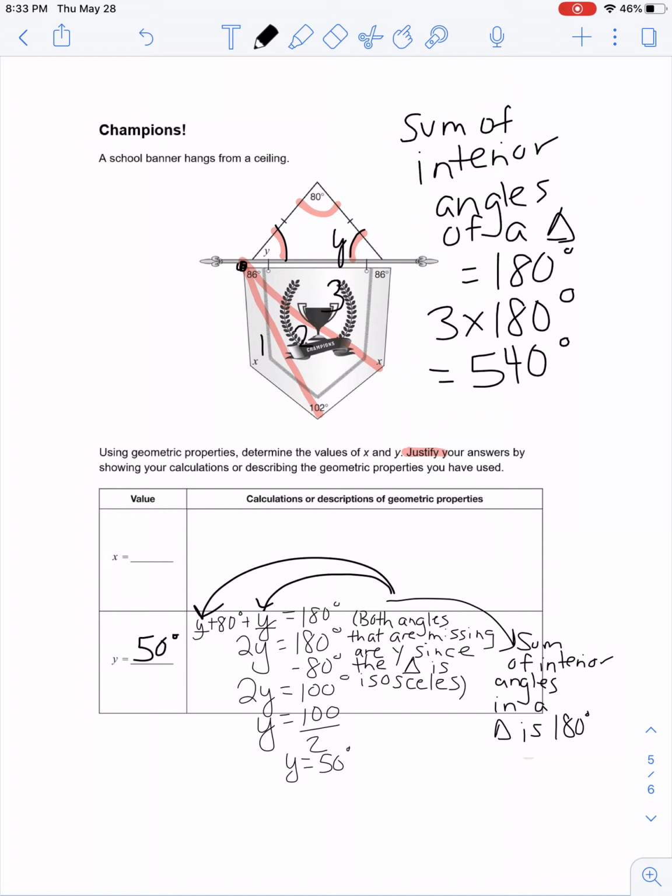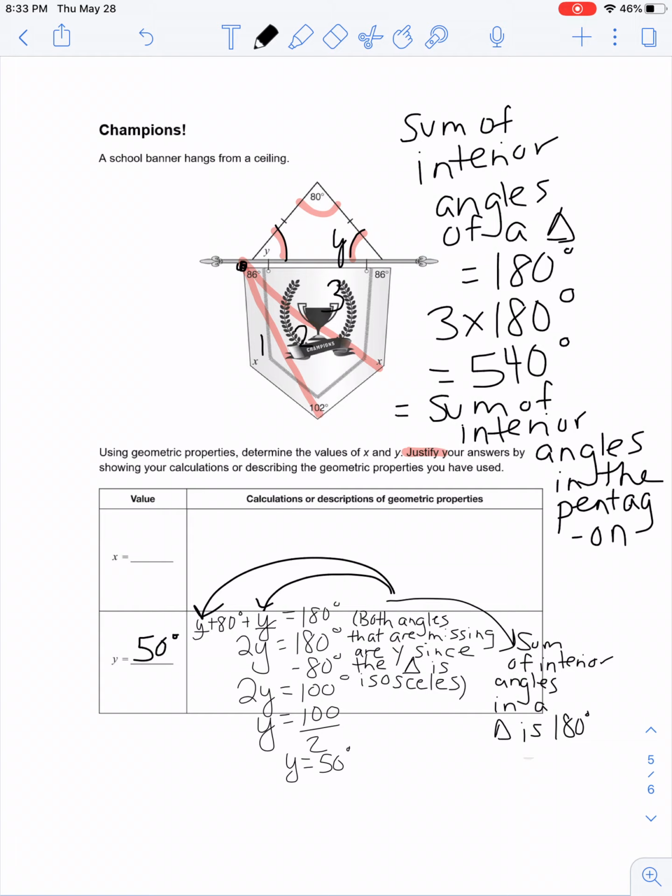And that's going to be the sum of the interior angles in the pentagon. So I'm going to leave that calculation there as part of my answer.